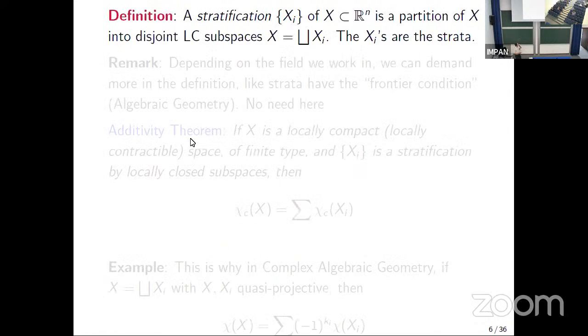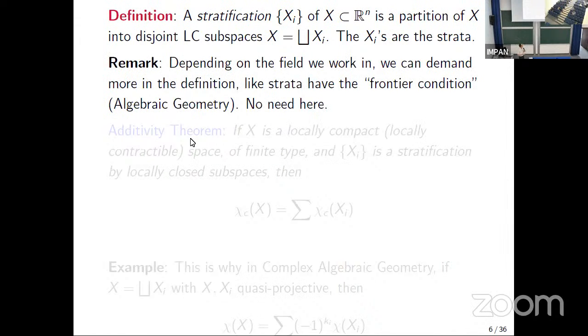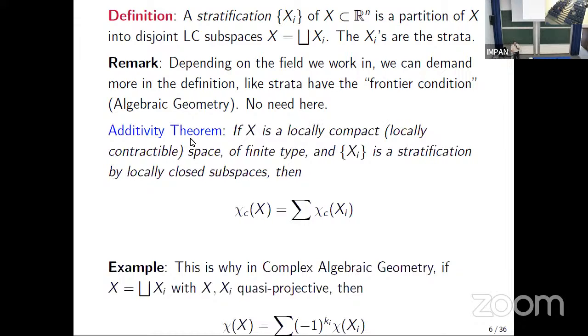Stratifications are decompositions of a space into disjoint subspaces, and for me, all the subspaces in the decomposition are going to be locally compact. Depending on which field you're in, you might add some more to stratification, like frontier conditions or things like that. All I want is a disjoint union of locally compact, or locally closed, subsets.